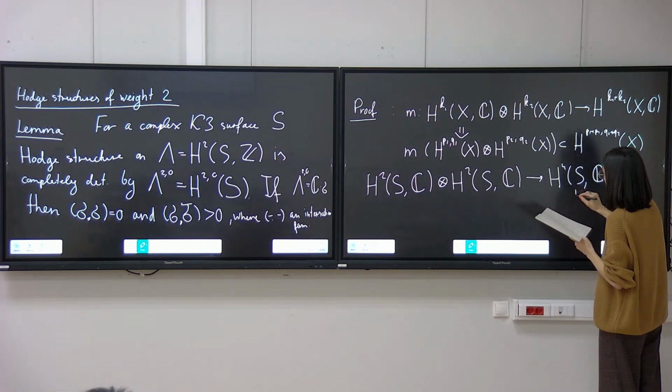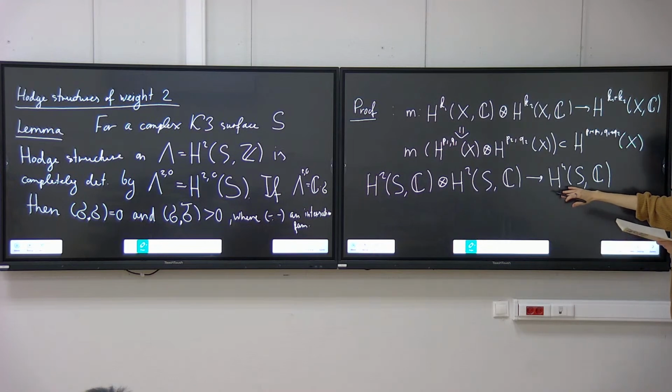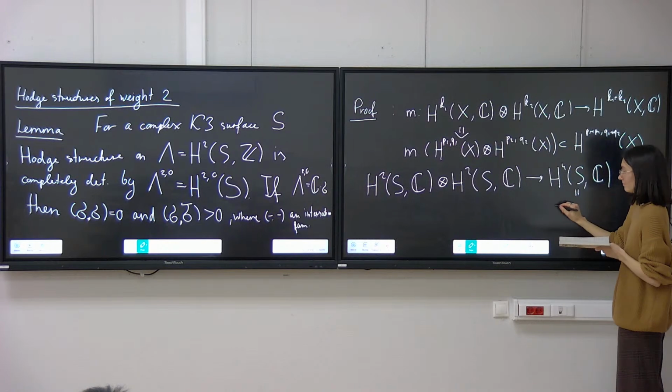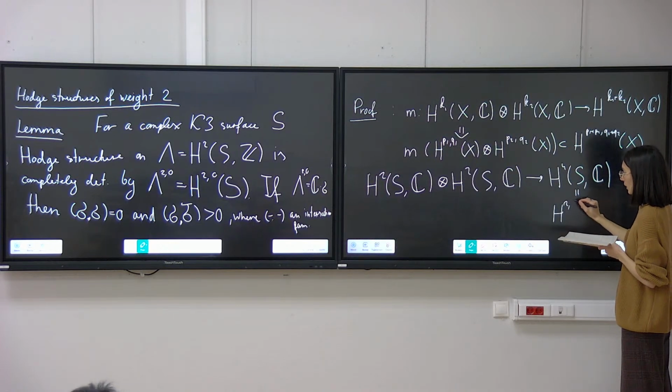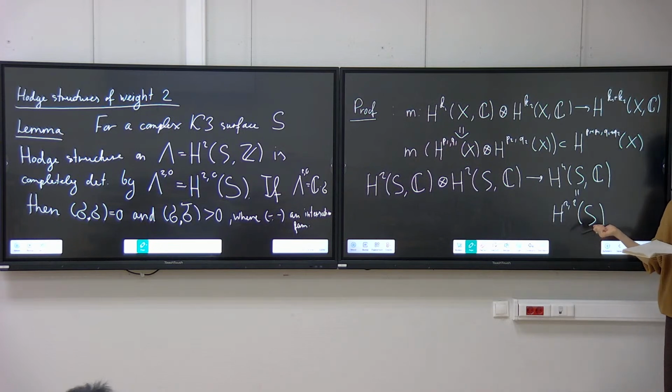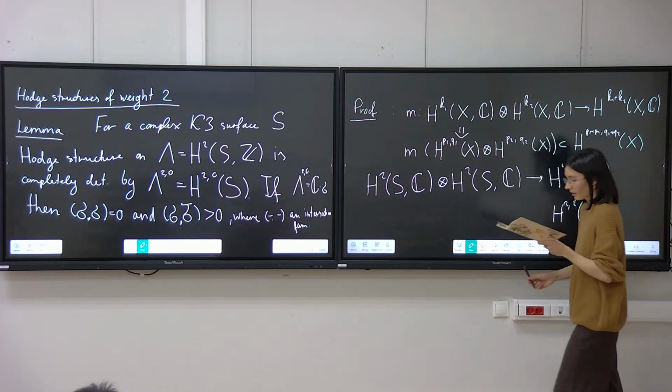cohomologous, and here, what is the Hodge decomposition for a K3 surface? H^{2,2}, and we don't have any other components, right?